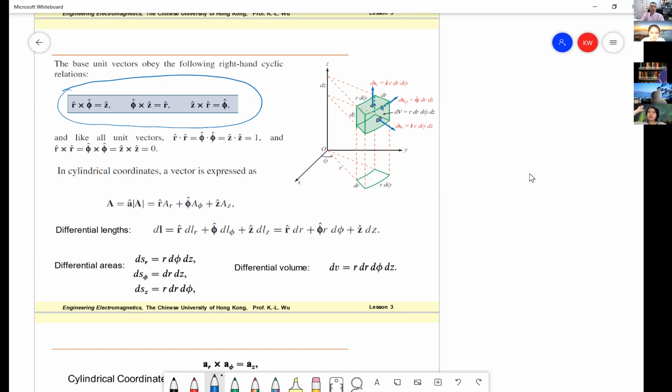This is unique, and holds everywhere on the Earth. Also, because these are unit vectors, we have these relations, and this means orthogonal.